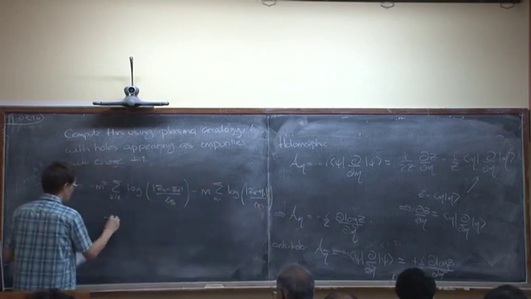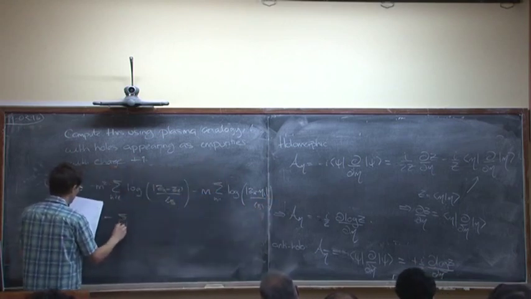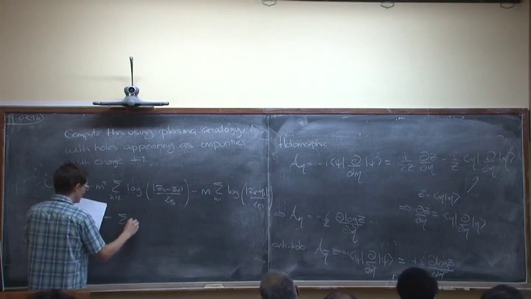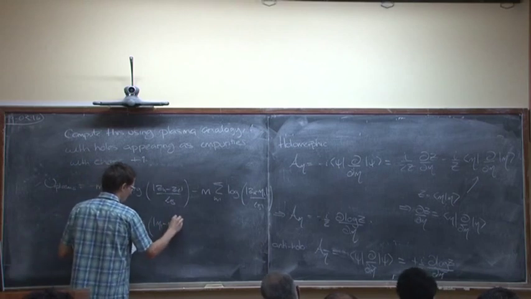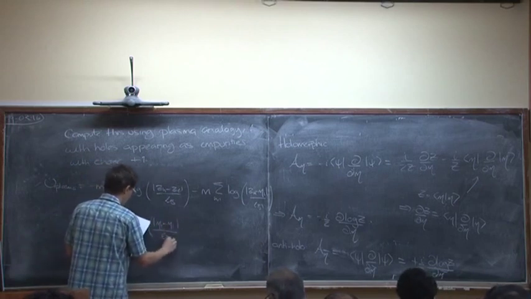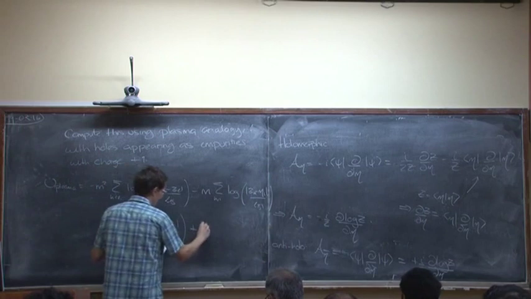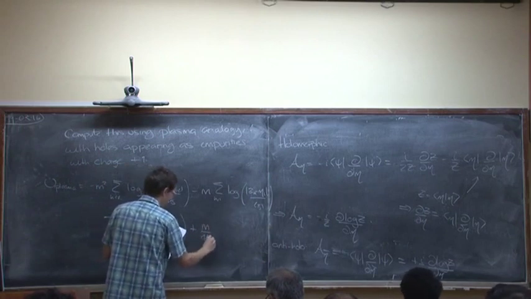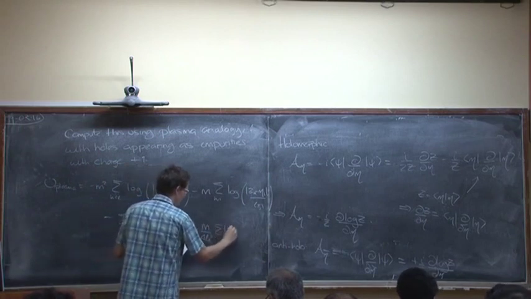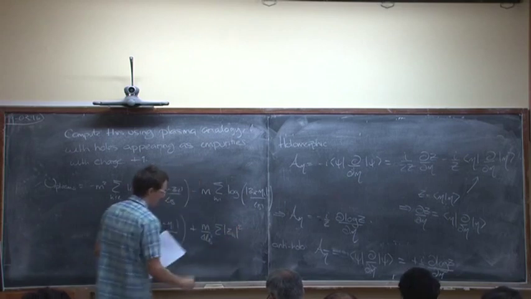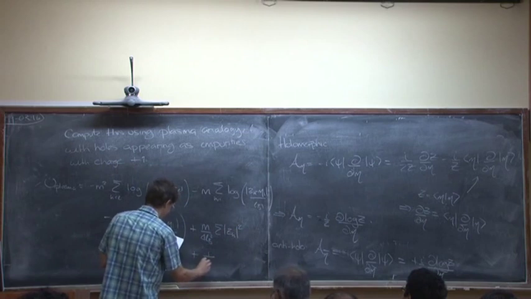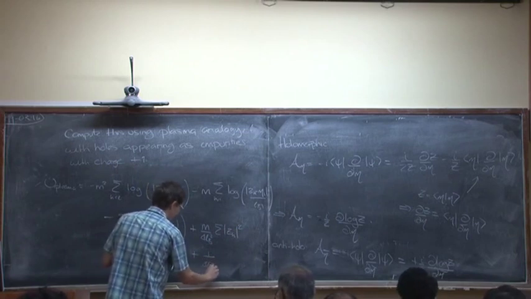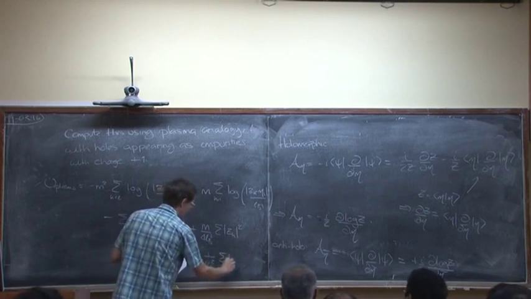And then there's the term which is the energy due to the interaction of the impurities amongst themselves. And then there's the term which are the electrons interacting with this constant background charge. And then there's the terms which are the impurities interacting with this constant background charge.